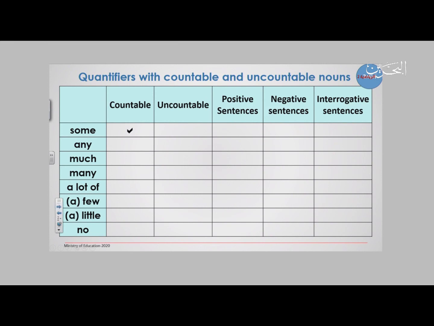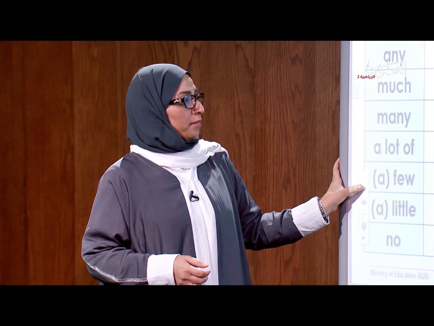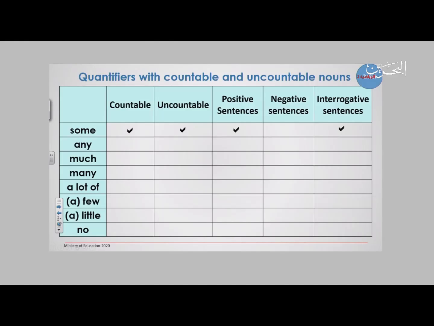These are the answers. For some, I can use the quantifier some with countable, uncountable, positive sentence, interrogative sentence, as I told you, in a question. Check your answers with me while I'm clicking the answers, please.